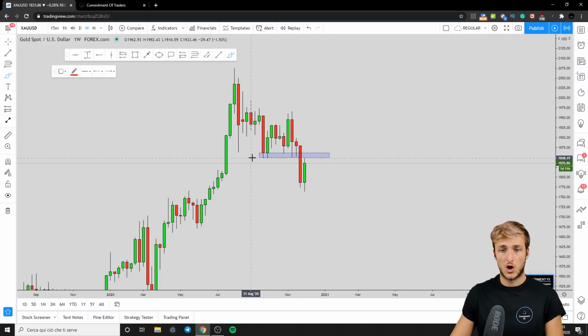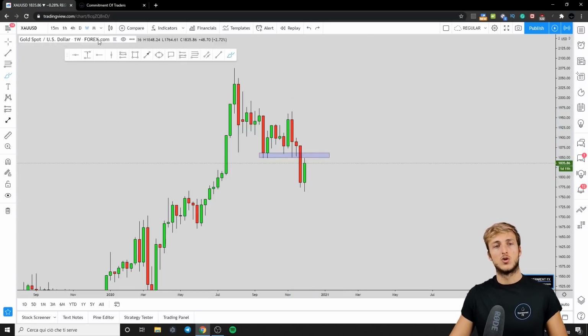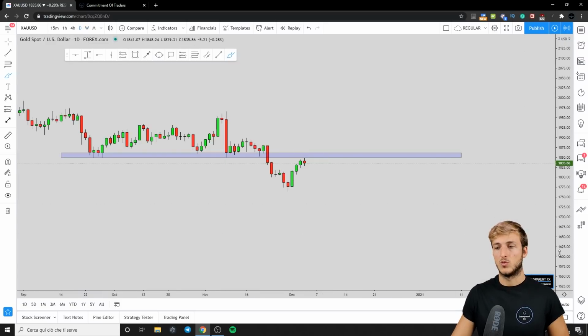In fact, all across this zone, we have quite strong previous support and again support here, which is now turned resistance after the market has broken it to the downside, creating a quite strong layer of resistance, specifically because it is now in confluence with the 0.382 of the Fibonacci taken on this weekly impulse and on the monthly impulse to the upside. Going down on the daily time frame, what do we have?